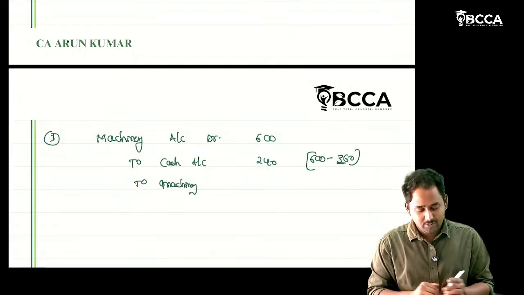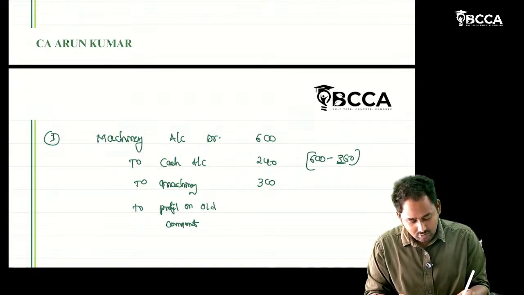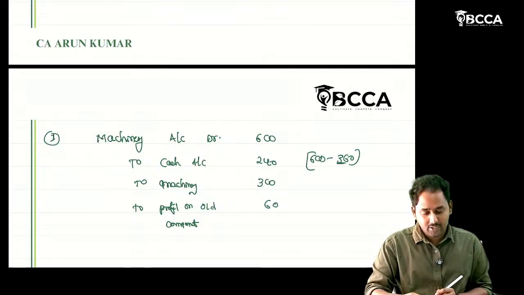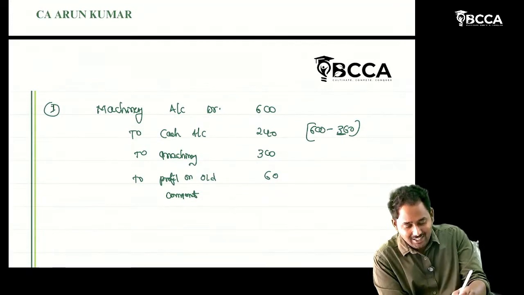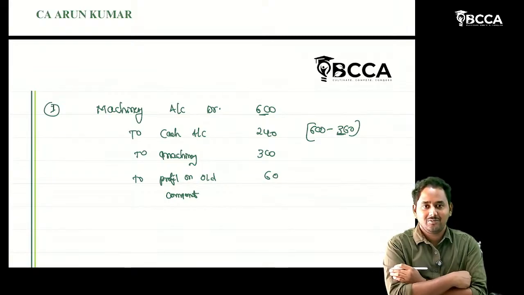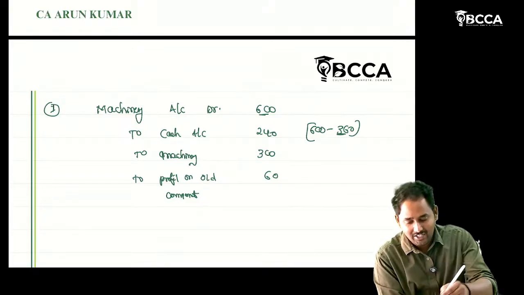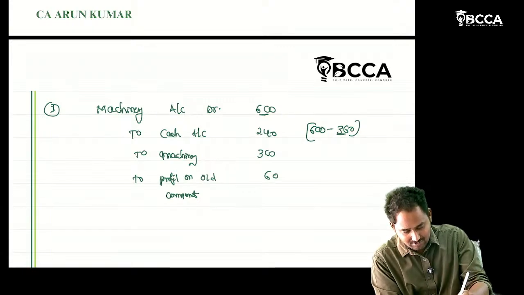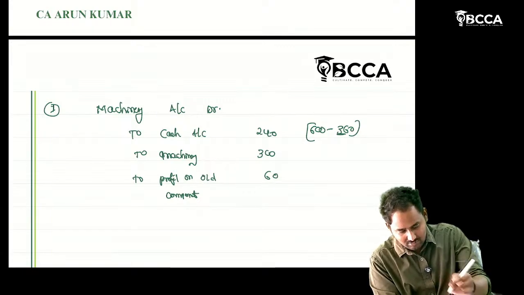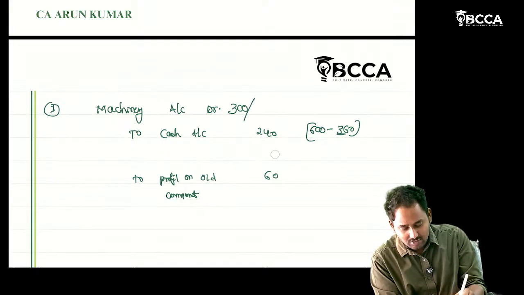The old component of the machinery is 300, and the profit on the old component is 60. So here, machinery is increasing by 600 and machinery is decreased by 300. In debit there is 600, in credit there is 300. Instead of that, I can write 300 and reduce this amount.